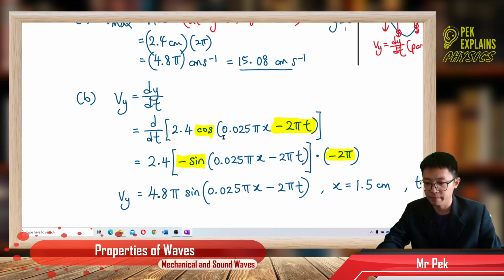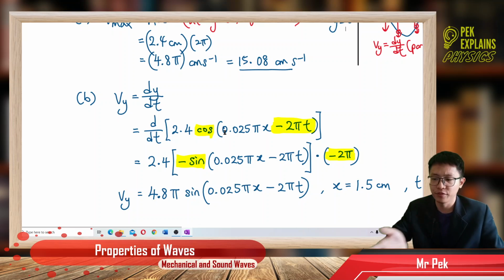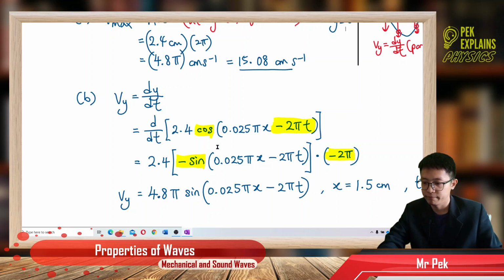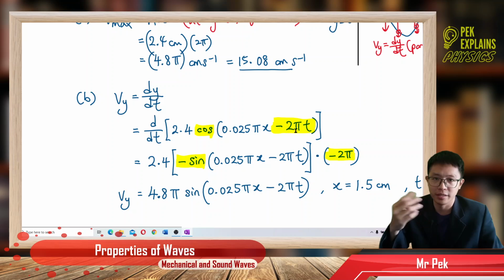Okay, step by step. Actually, differentiating trigonometry is mathematics knowledge. You must ask your mathematics lecturer to learn more about how to differentiate. This is your task, to find out how to differentiate trigonometry. Never mind, I'll teach you a bit of tricks. To differentiate the cos, first we differentiate outside, then we differentiate inside.